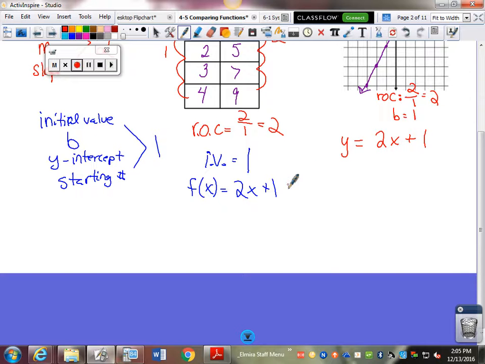What I want to point out is that these are all the same. You represented the exact same information 3 different ways. Once as an equation, once in a chart, and once in a graph. What you are going to be asked to do today is you're going to be given 2 different functions, but in different formats.